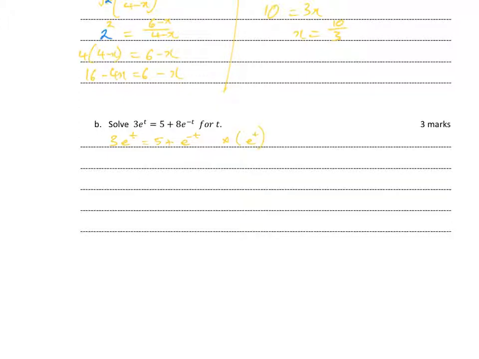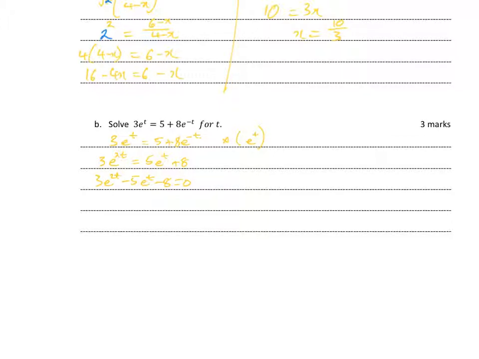That way that gets rid of this negative e to the minus t. Okay, so if I multiply everything by e to the t, I get 3e to the 2t is equal to 5e to the t plus 8. 3e to the 2t minus 5e to the t minus 8 will equal 0.